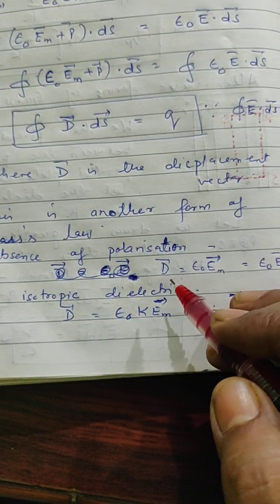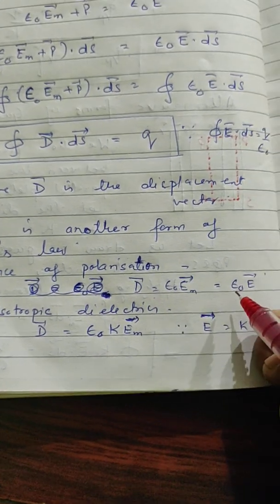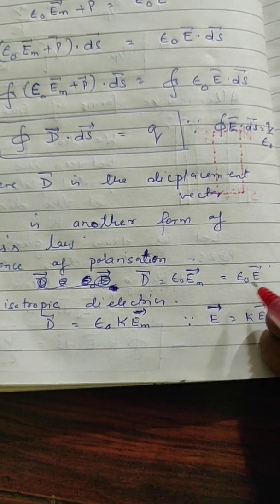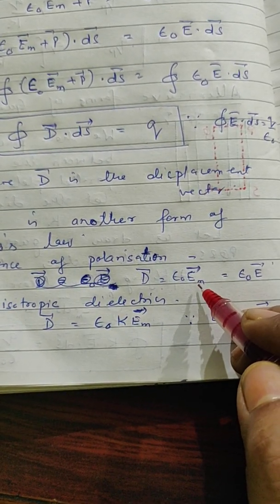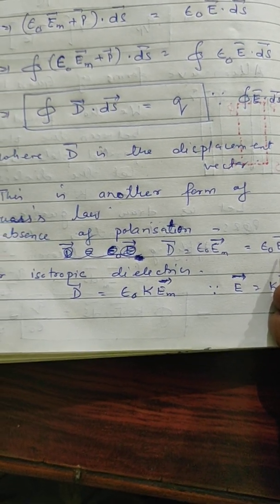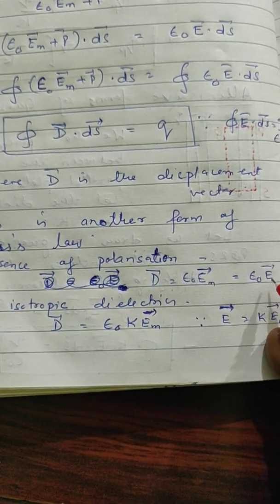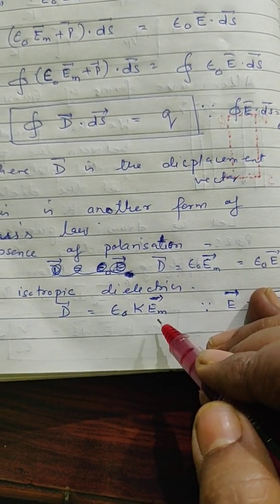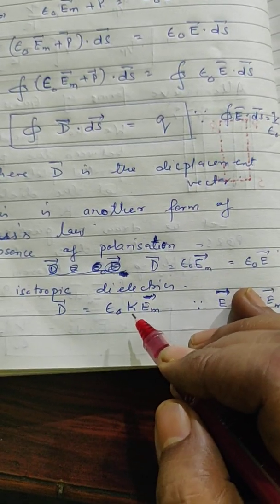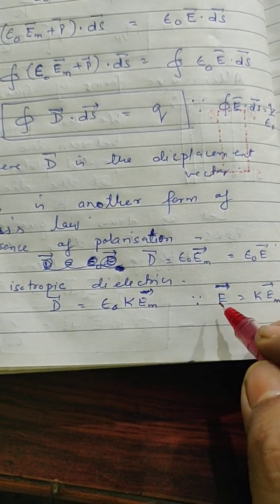So in absence of polarization, we can write the displacement vector as epsilon naught into EM, or you can replace it by epsilon naught E, because if there is no polarization, that means there is no medium, so the field in the medium is same as the field between the plates of the capacitor. And if dielectric is present, then we can replace this E by K into EM. So the displacement vector is epsilon naught into K into EM, because we know that the ratio of E and EM is K.